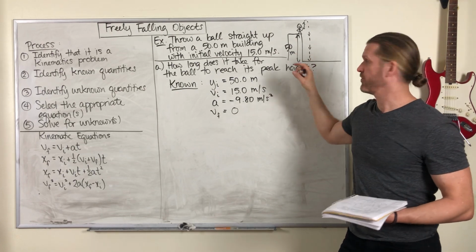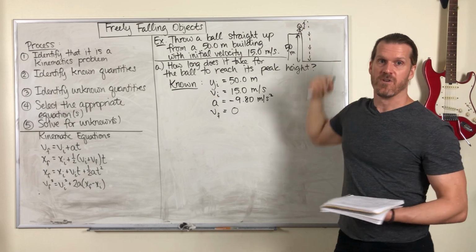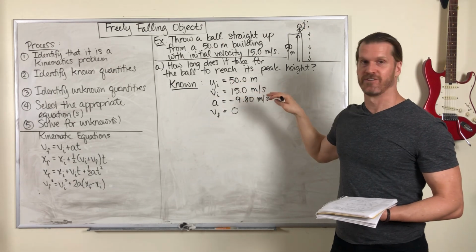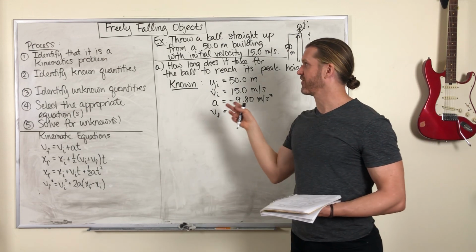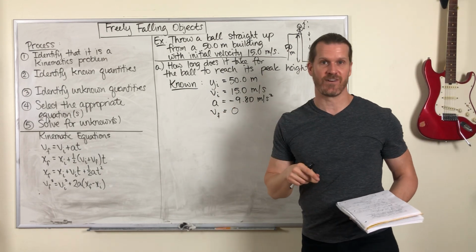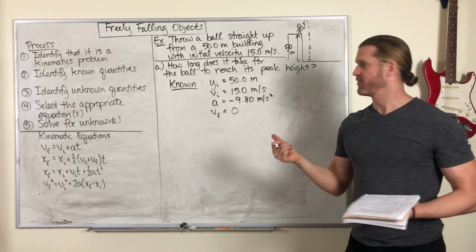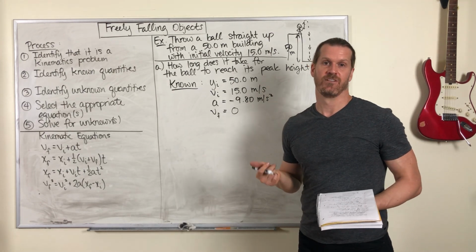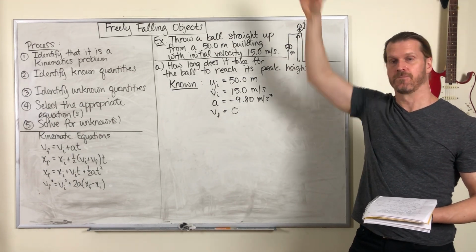The final situation is when the ball reaches its maximum height. I'm not considering the final situation to be when the ball hits the ground. In some other parts of this problem, that will be the final situation, and you'll have to adjust your thinking for final to mean when the ball hits the ground. But right now, final means at the peak height.